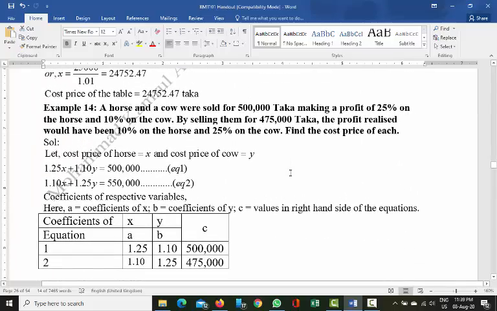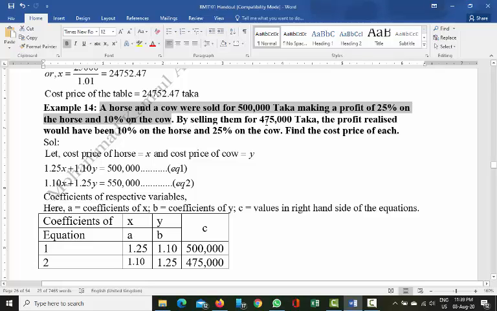Now let's solve question number 14. A horse and a cow were sold for 500,000 taka, making a profit of 25% on the horse and 10% on the cow.